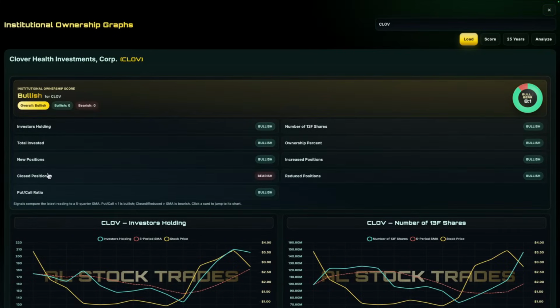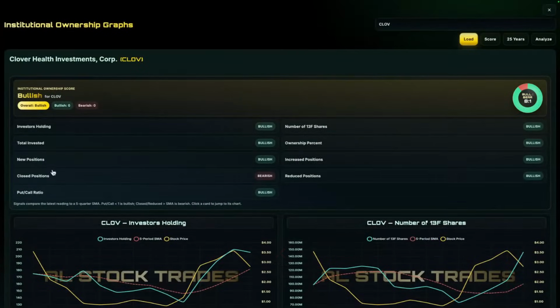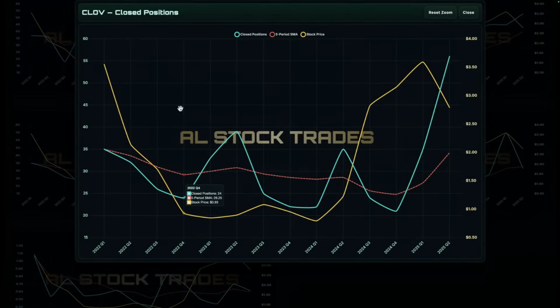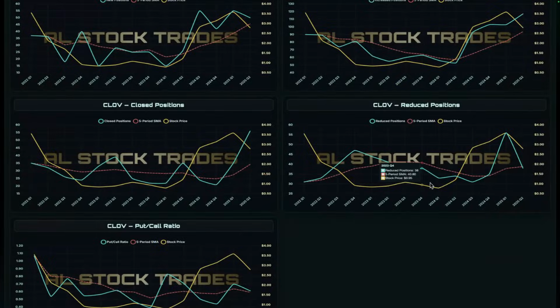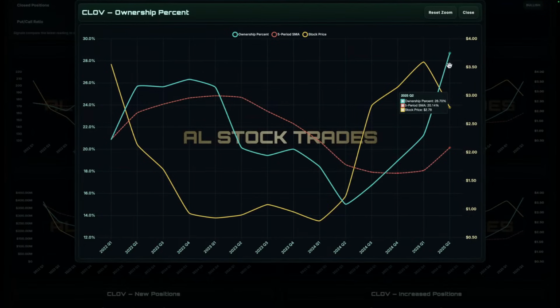And if you wanted to see what's bearish, you can click on the button. There's a little big button here that you can't see, but you click on it, it'll highlight. You see that beautiful Al Stock Trades branding. It'll highlight the closed position. So you could click on it. You could see how it highlighted it there, and you can kind of explode it, and you can see what's going on. So you could see that a lot of investors closed their positions in Q2, but that's weird because we still saw percent ownership go up.